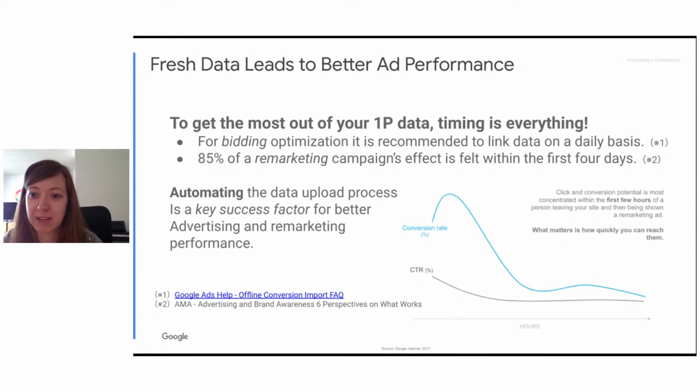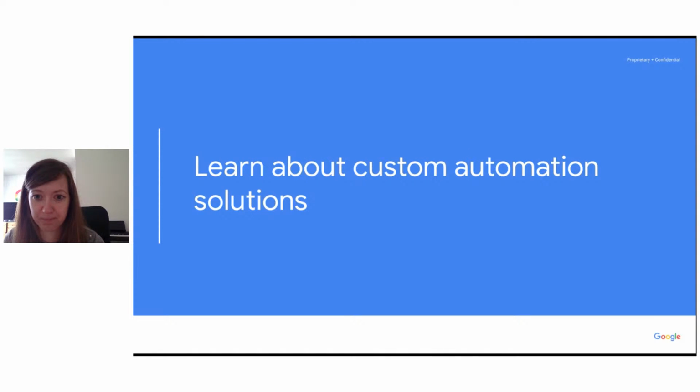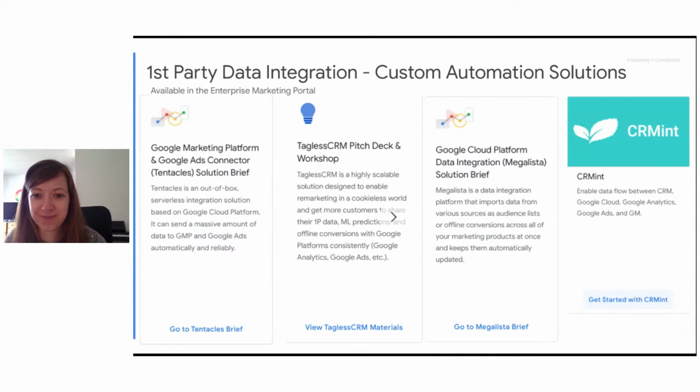Hence, automating the data upload process is a key success factor for better advertising and remarketing performance. Therefore, to help you overcome those challenges, we want to introduce you today to some of our custom automation solutions that can help you. So let's learn more.